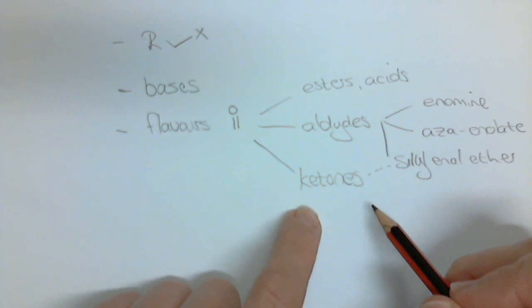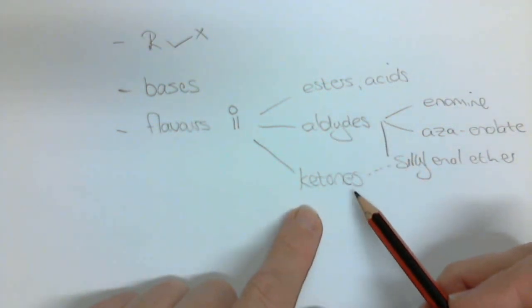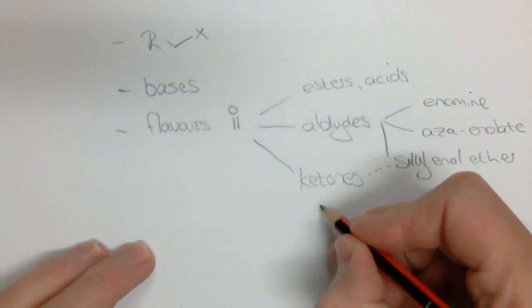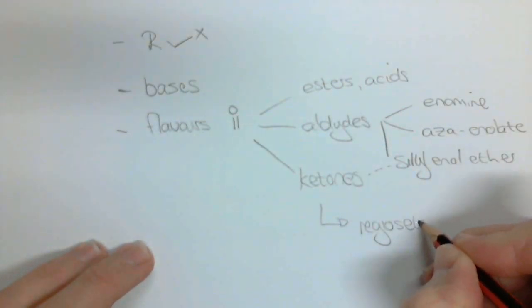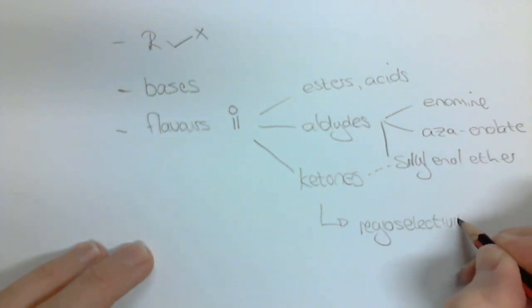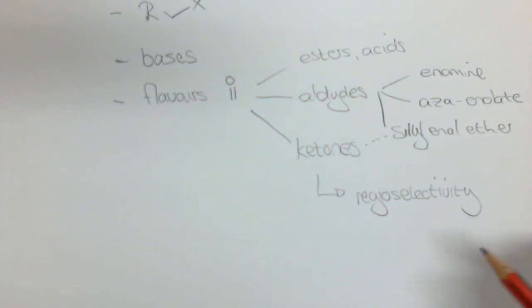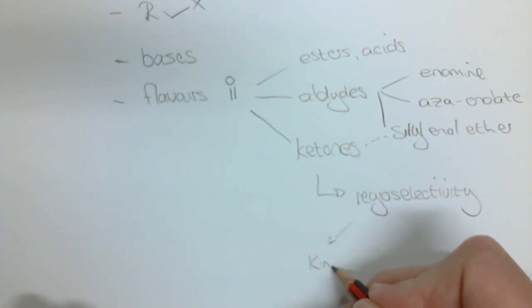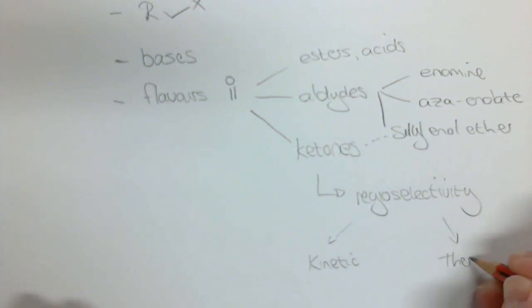But ketones had another problem. Just like aldehydes had a problem in terms of self-condensation, ketones also have a similar problem. The problem is regioselectivity. What we ended up discussing is that because the ketone could be deprotonated on either side, it gave rise to this idea of having either the kinetic or the thermodynamic enolates.